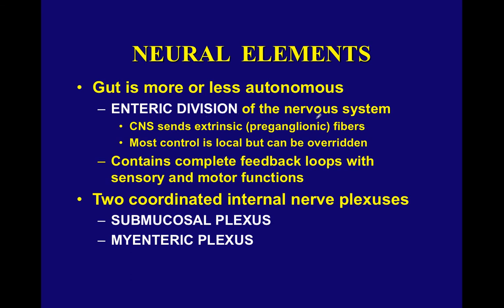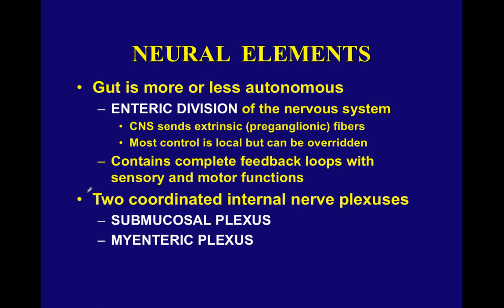In the enteric division of the nervous system, the CNS sends extrinsic preganglionic fibers. Most control is local but can be overridden, with feedback loops with sensory and motor function, because as we know, our brain should know exactly what's going on in the small intestine or large intestine.